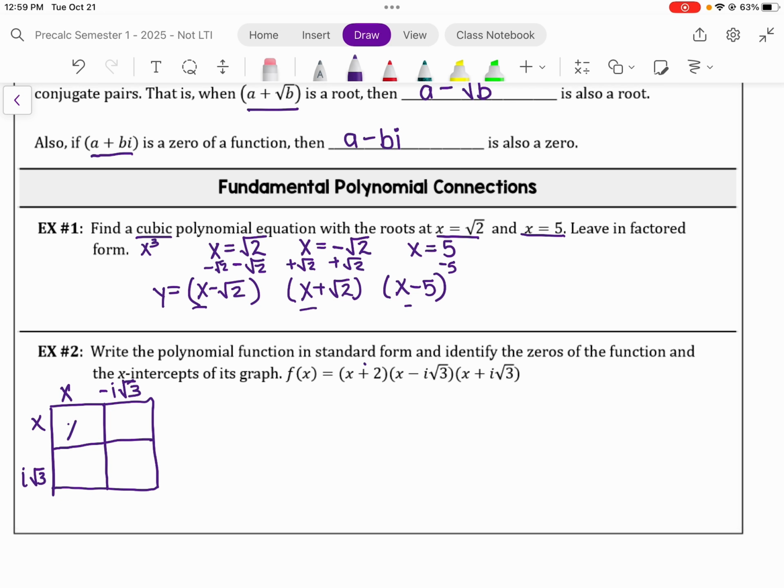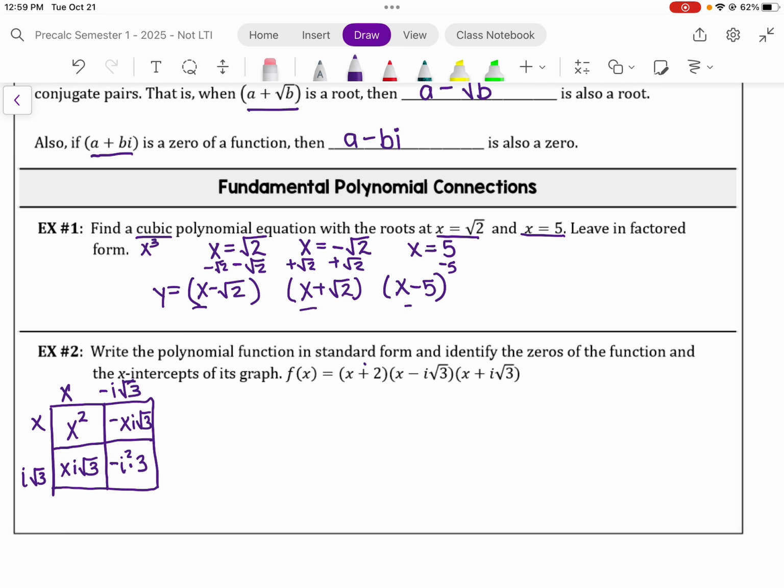So x times x is x squared. x times negative i square root of 3 is negative xi square root of 3. This is just the positive of that. And then the most complicated, negative i square root of 3 times i square root of 3. So negative i times i is negative i squared. Square root of 3 times square root of 3 is 3.